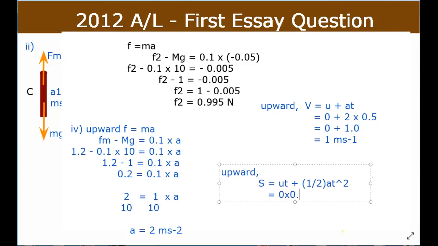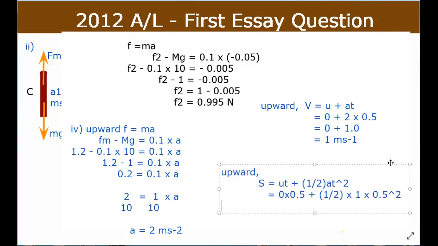Time is 0.5, plus half into acceleration, and you have to take the square of time. Time is 0.5, but it is t square.